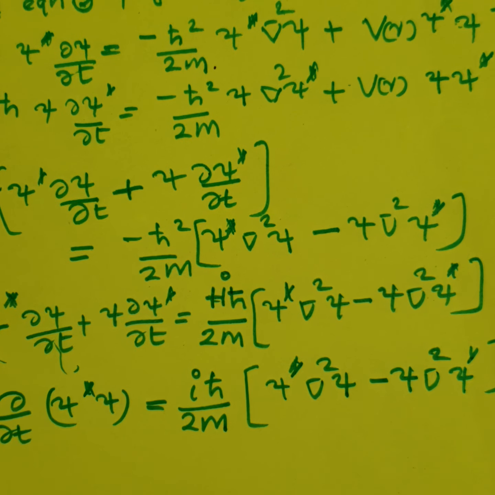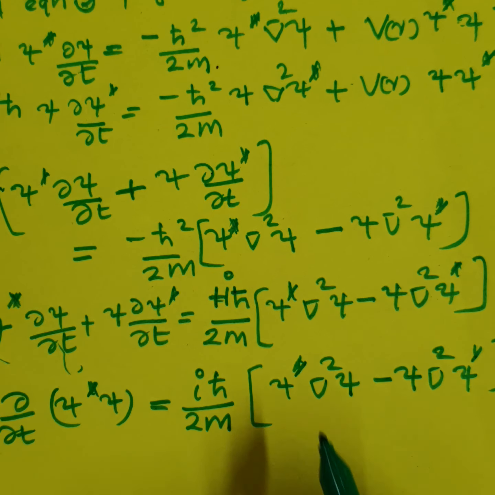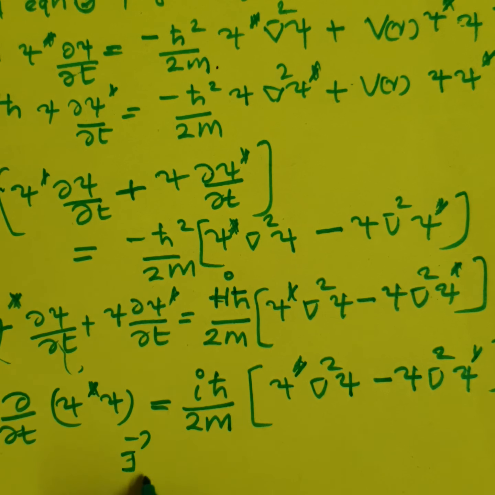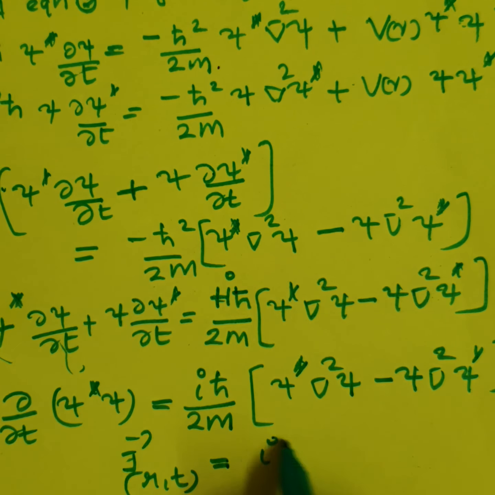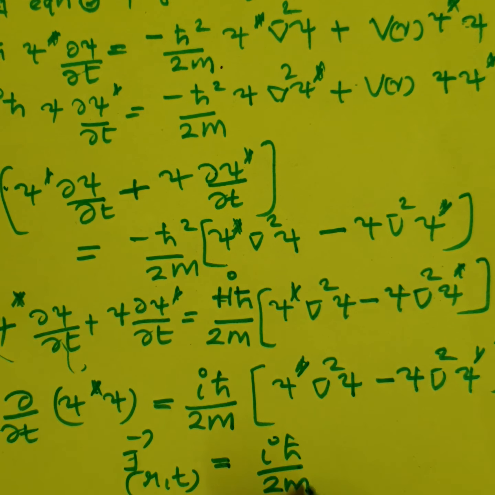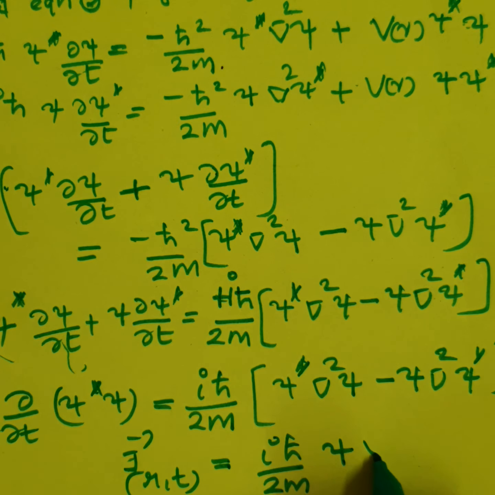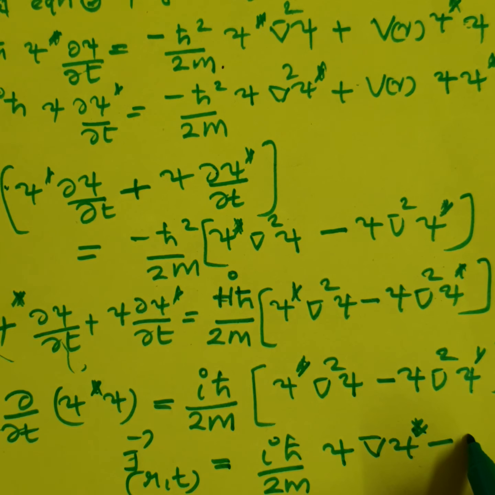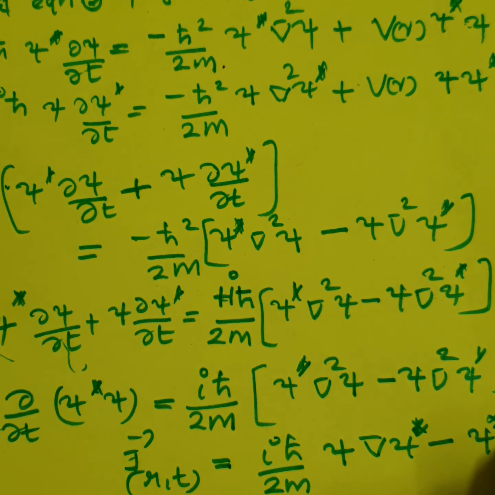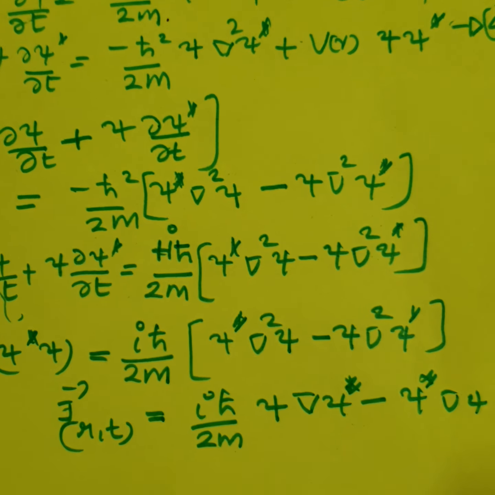So we can consider this quantity. So we are defining a vector, that is j. j is a function of position and time. This can be written as iħ/2m into psi ∇psi star minus psi star ∇psi.